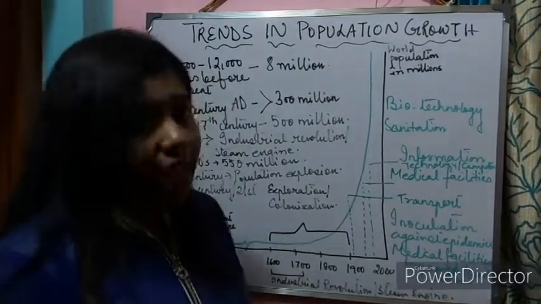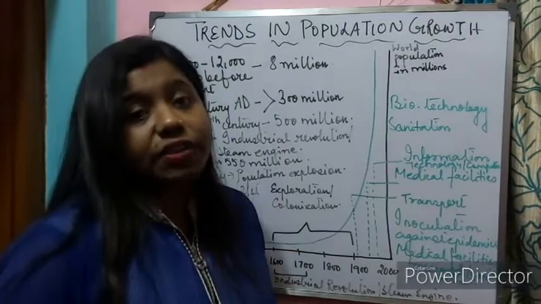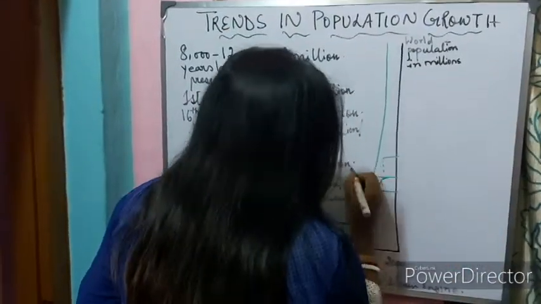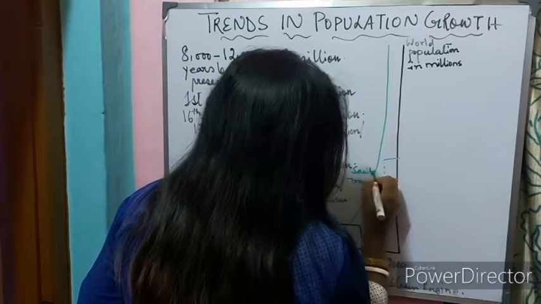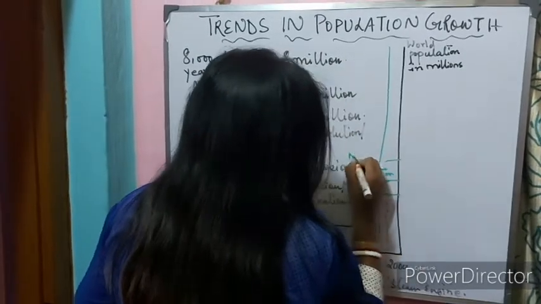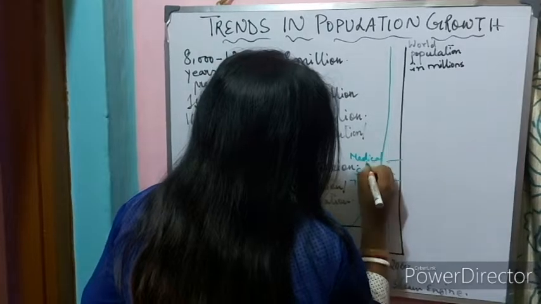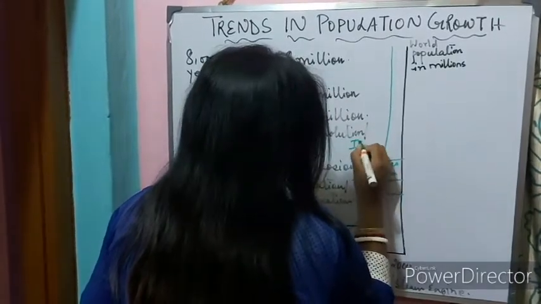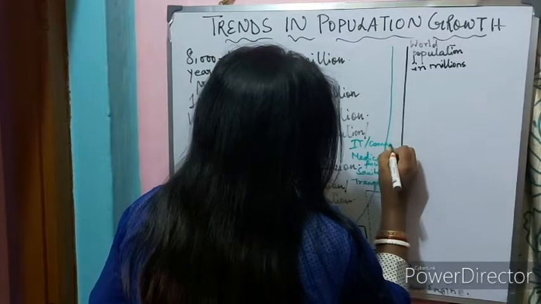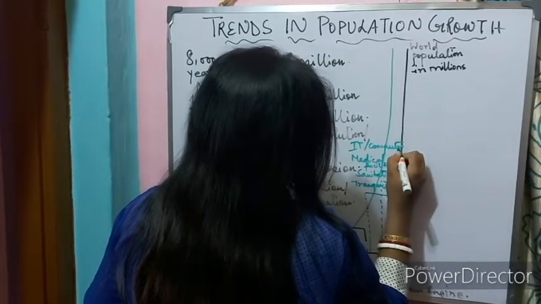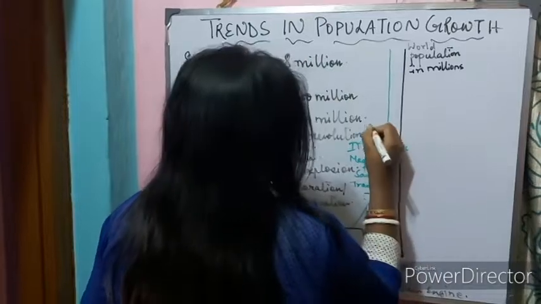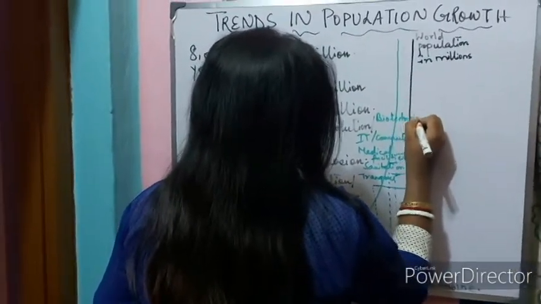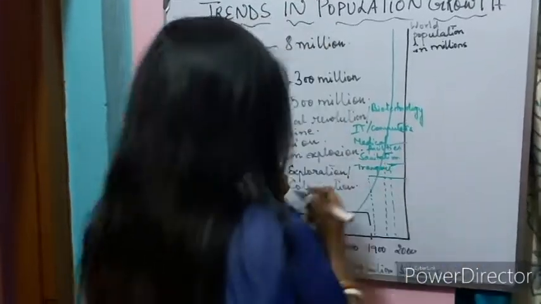Now let us understand how the population increased by billion with another diagram. Sanitation, medical facilities, IT, computers, biotechnology.